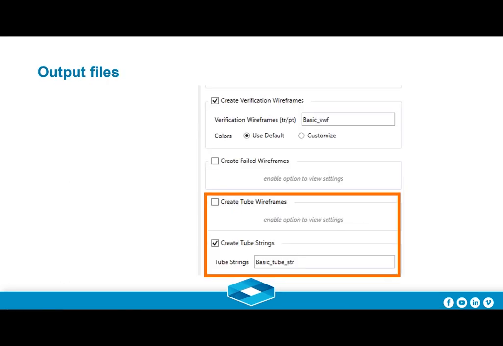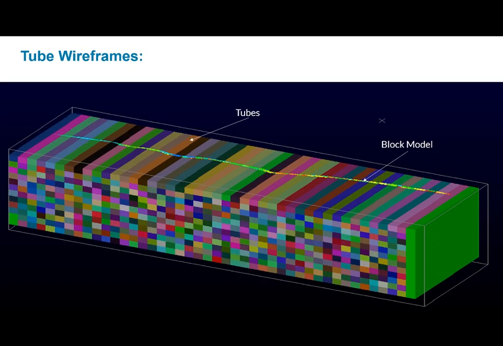Other types of output files are the tube wireframe and the tube strings. That's how a tube wireframe looks like. So when you do your run now, you can actually visualize the orientation where the run is going. That's this tube concept that I mentioned just earlier. And you can see the direction.